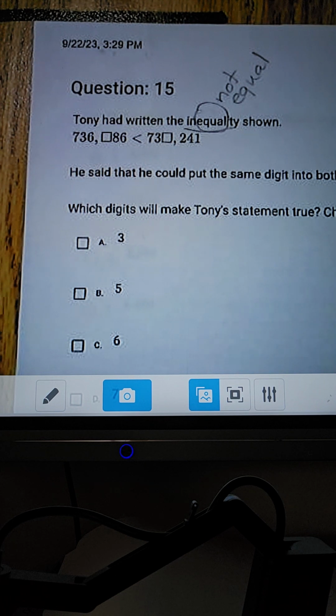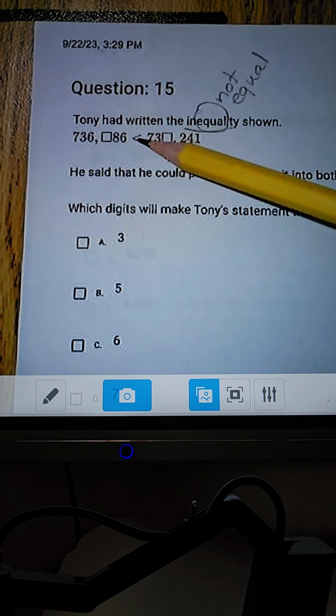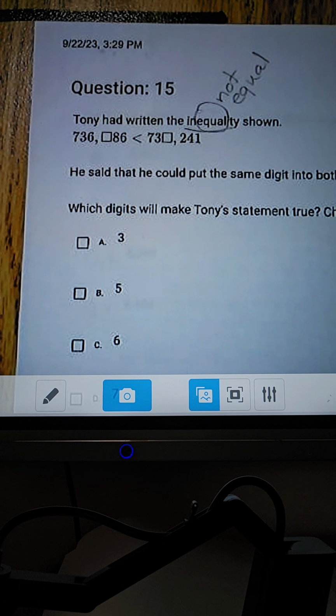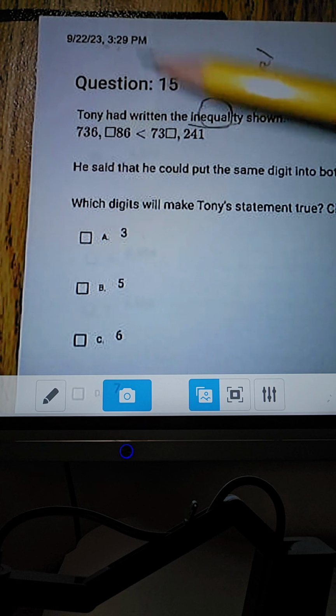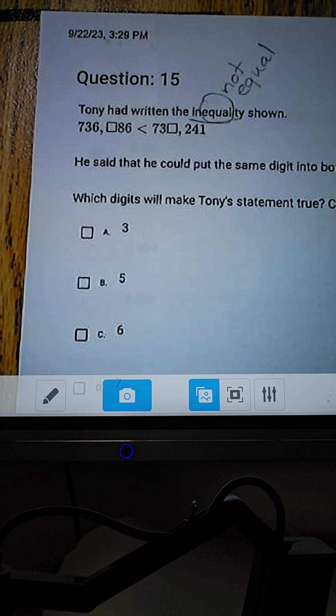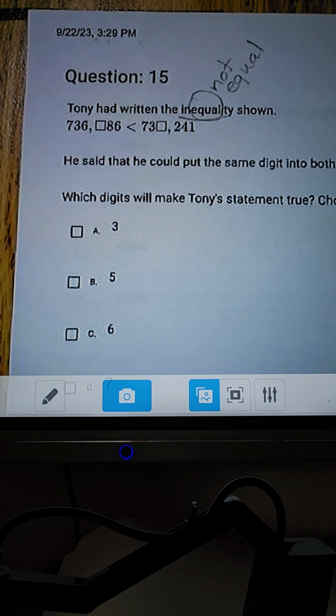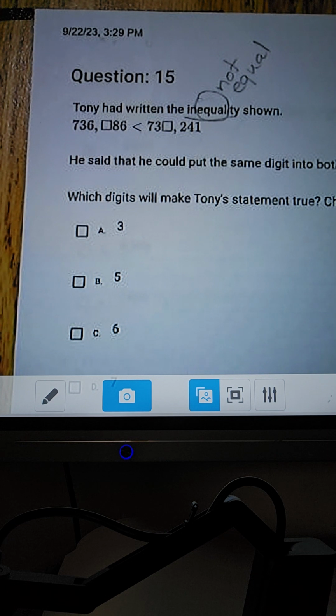Okay, not equal. These numbers are not equal. You can tell that because there's a less than sign sitting there. Okay, so he's shown this inequality. He said that he could put the same digit into both blanks to make the inequality true. Which digit will make Tony's statement true?